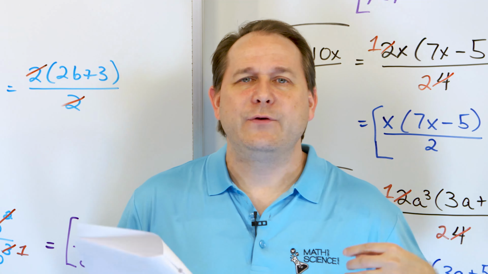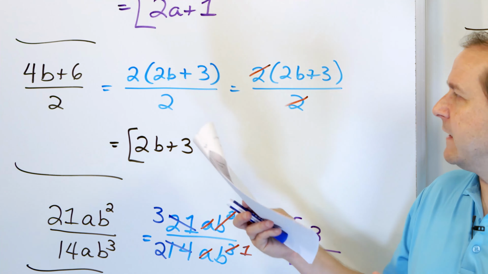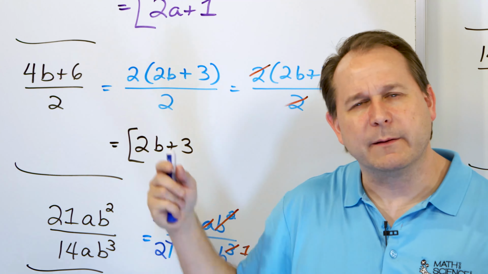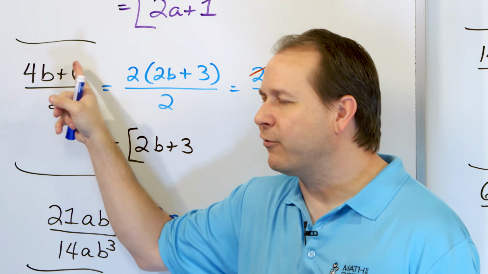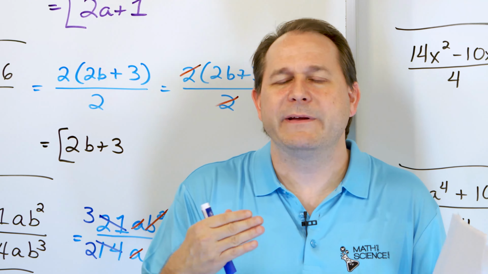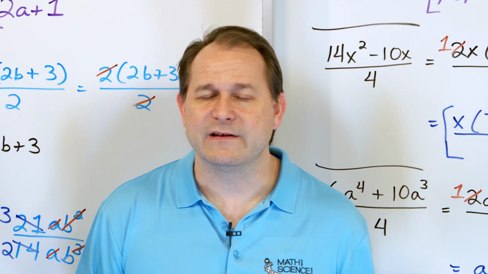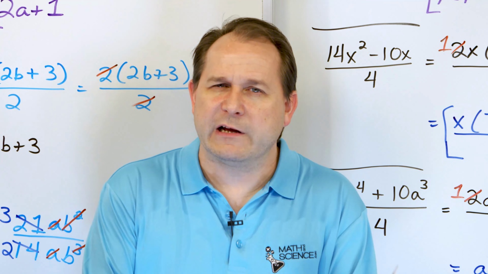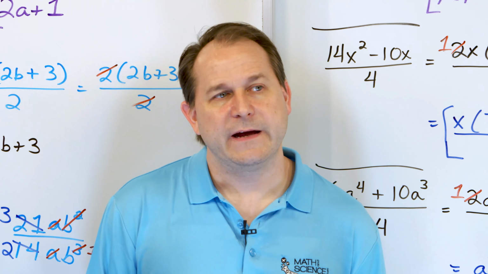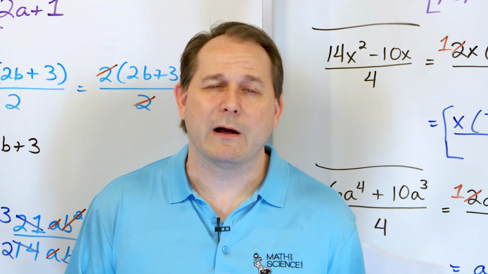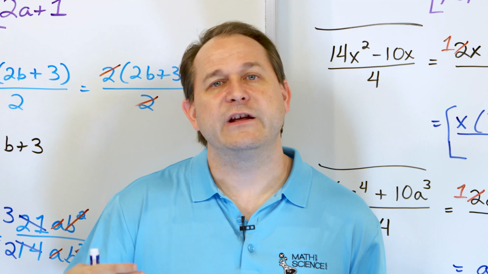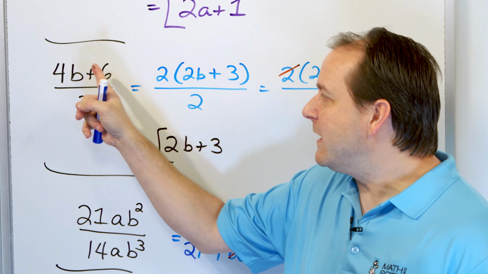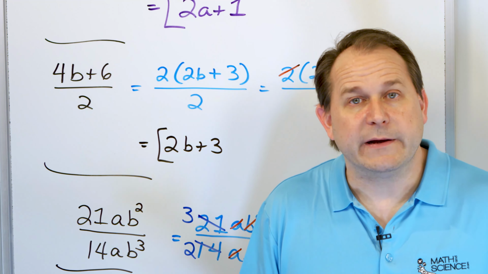So again, if you think you're inventing math, if you look at something like this and you're like, oh, maybe I'm supposed to add these somehow, but in the back of your mind, you know you can't add these because these are unlike terms, and you start trying to do stuff that you don't think you can do, but you aren't sure, then you're probably inventing some new math that's not real, it's not true. So if you feel like you're reaching like that and you're not sure, then you probably are. You're probably inventing something that you want to do, but you can't. So instead, do the things that you know you can do.